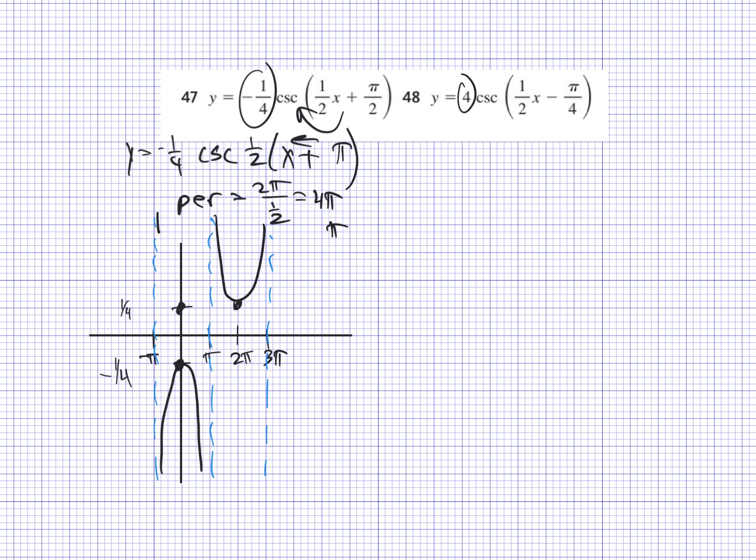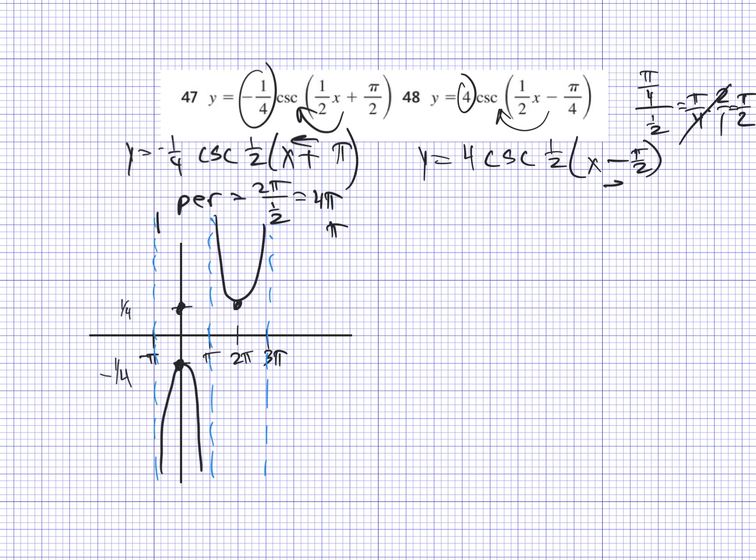So all these curves on the left here with the 1/4 should have been really flat, and these will be skinny on number 48. So we're factoring out 1/2, y equals 4 cosecant of 1/2, and that's x minus pi over 4 divided by 1/2, which is pi over 4 times 2, or pi over 2.